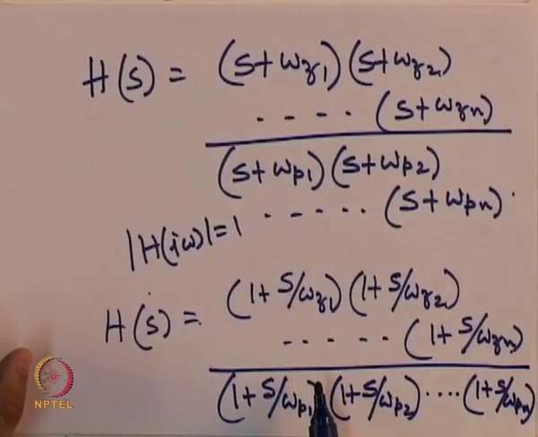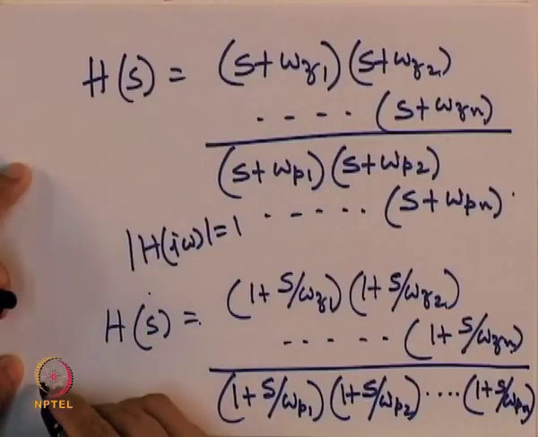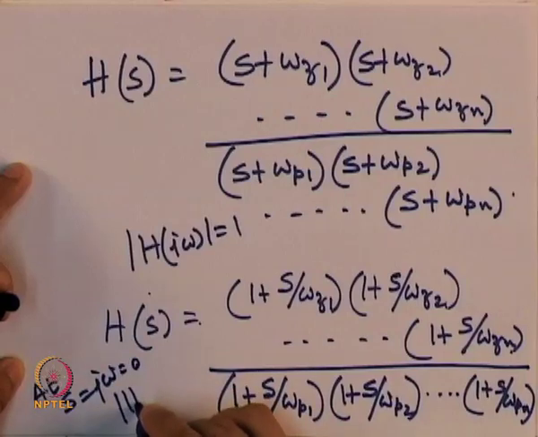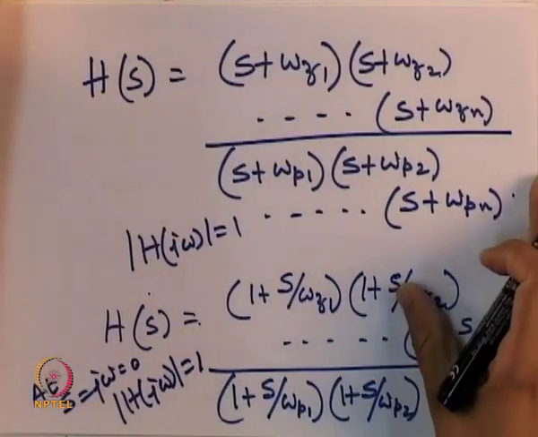If you see this transfer function, then what happens now? At s equal to j omega equal to 0, magnitude of H of j omega is equal to 1, isn't it?